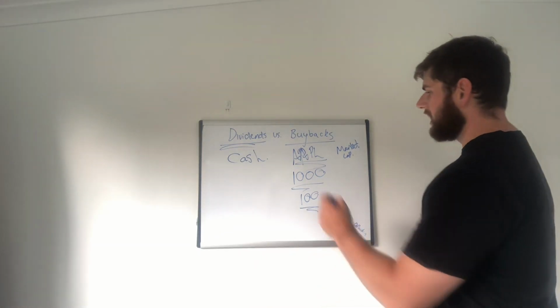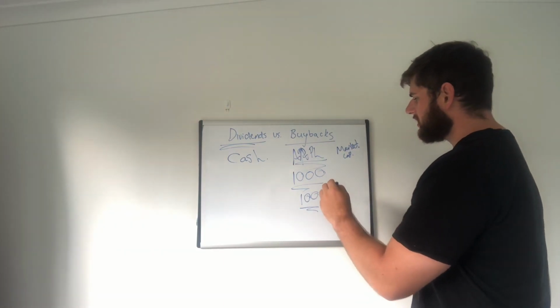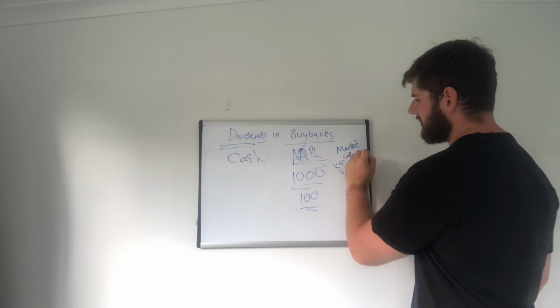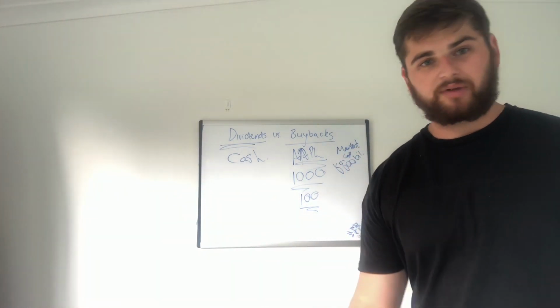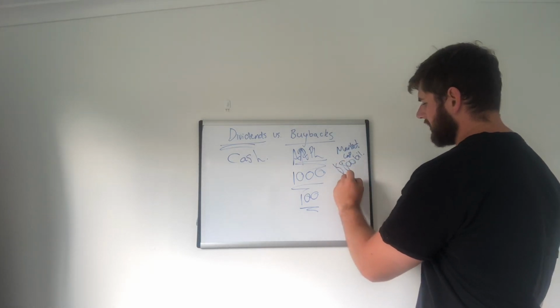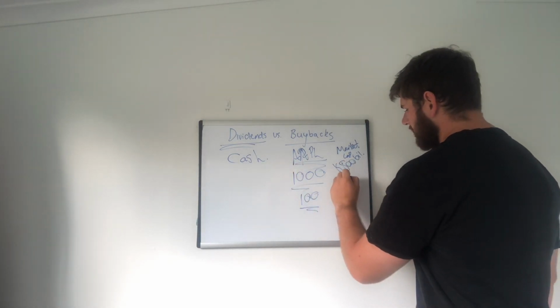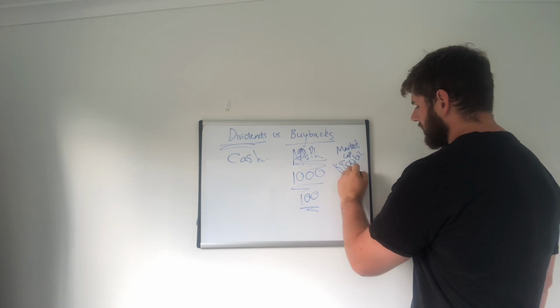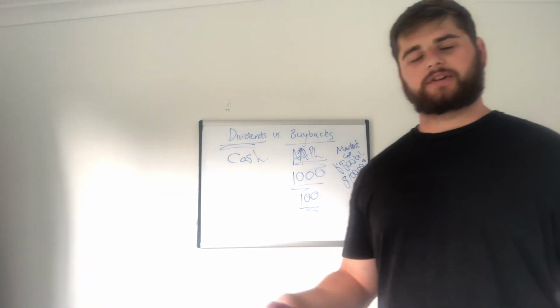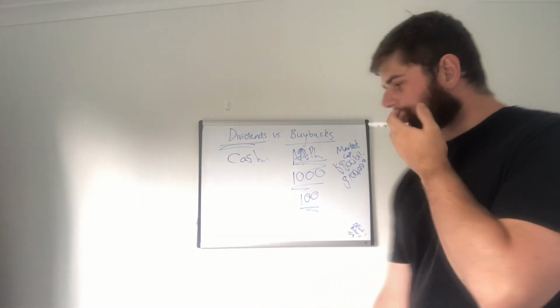So with Apple, currently this is, I think, probably around $800 billion, somewhere around there. I know they were over $1 trillion at one point. Let's make the math simple and just say that they're worth $100,000, just for argument's sake. That's the market cap of the company. That's the total value of Apple, is $100,000.